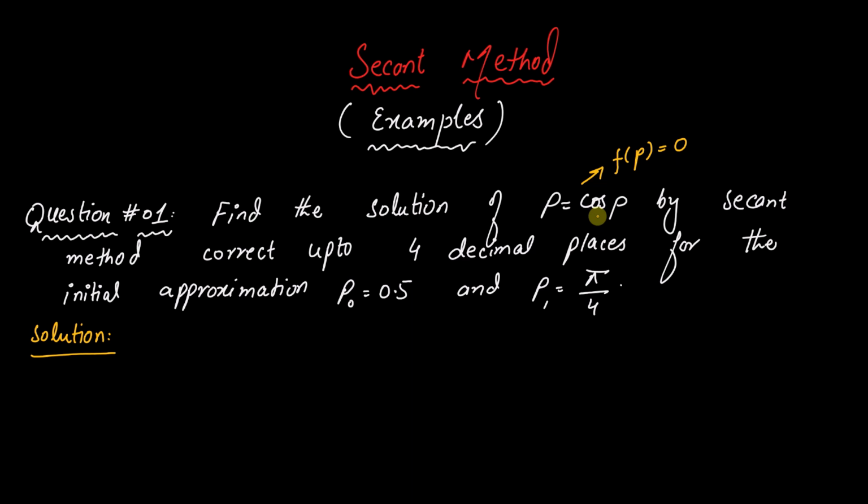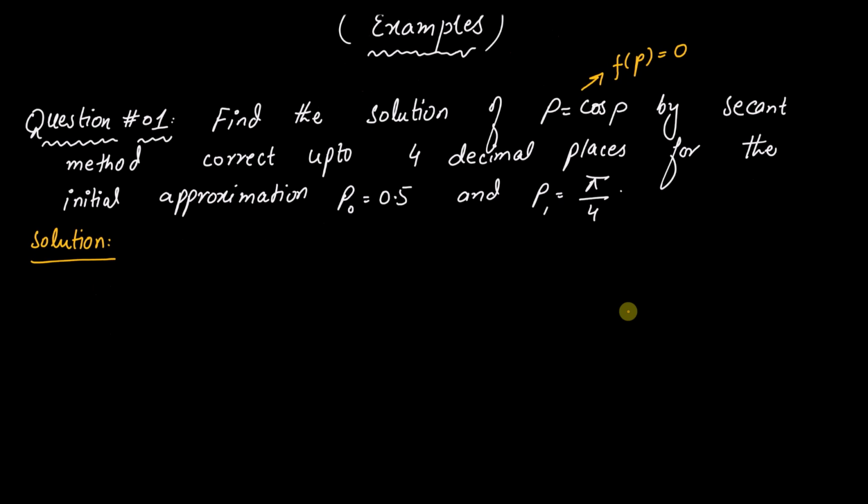This is a nonlinear equation because a trigonometric function is involved. Secondly, we need to check whether these initial guesses bracket the root or not, because p naught is 0.5 and p1 is pi by 4. So let's start the solution.